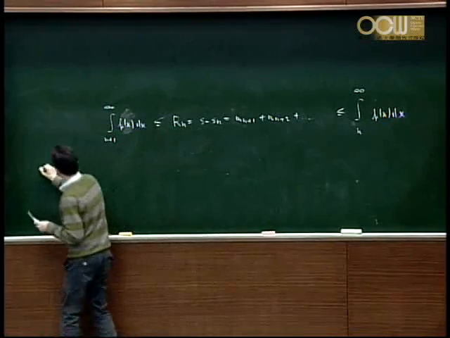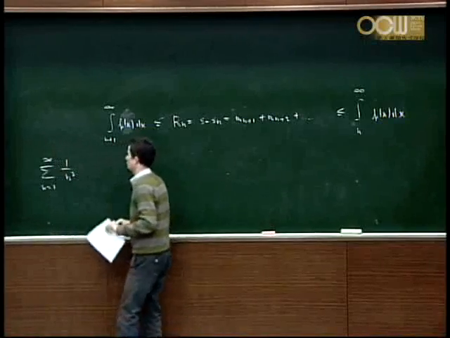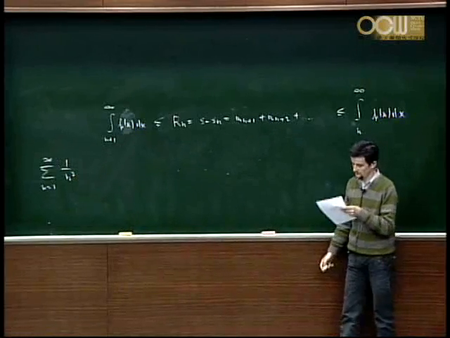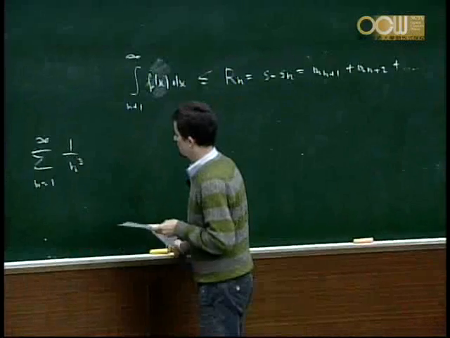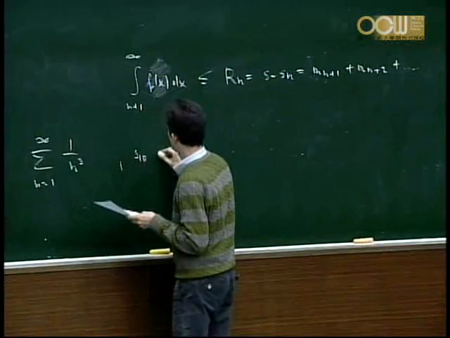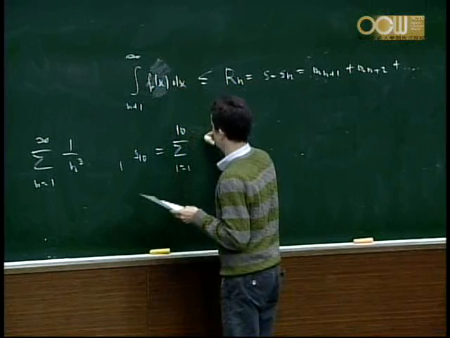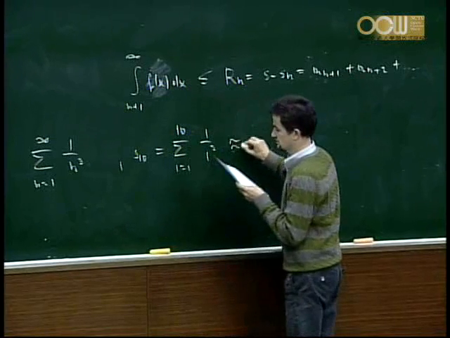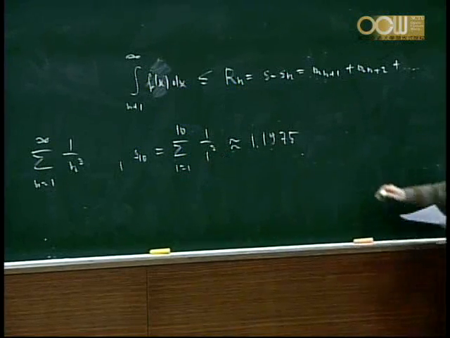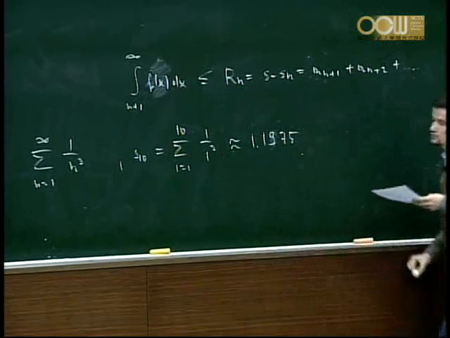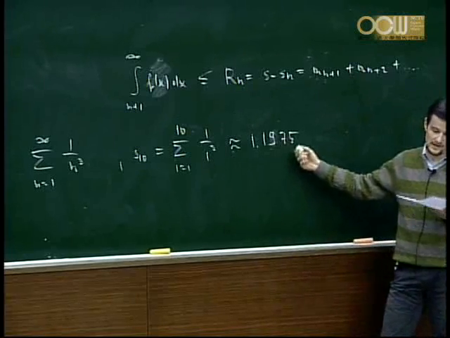So for instance, if you look at this sum, 1 over n to the cube, this one is convergent, as we know from the integral test. Now, if you compute S10, the sum of the first 10 terms, you get this approximation here. You should observe that such an approximation is quite useless if you cannot say anything about the error involved.